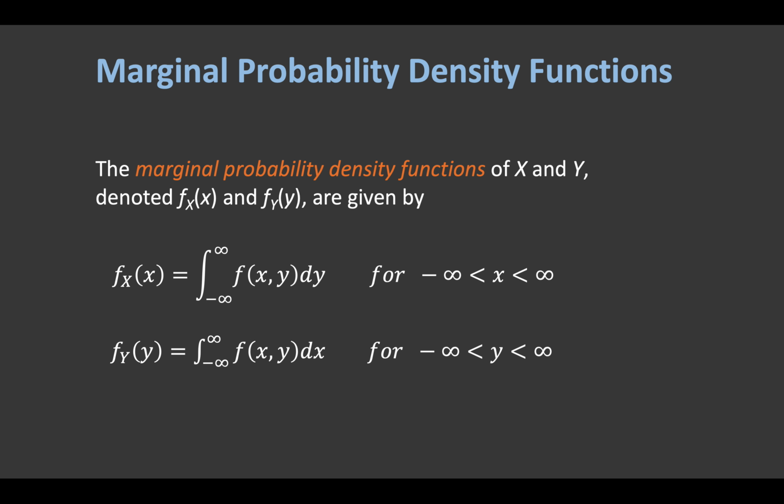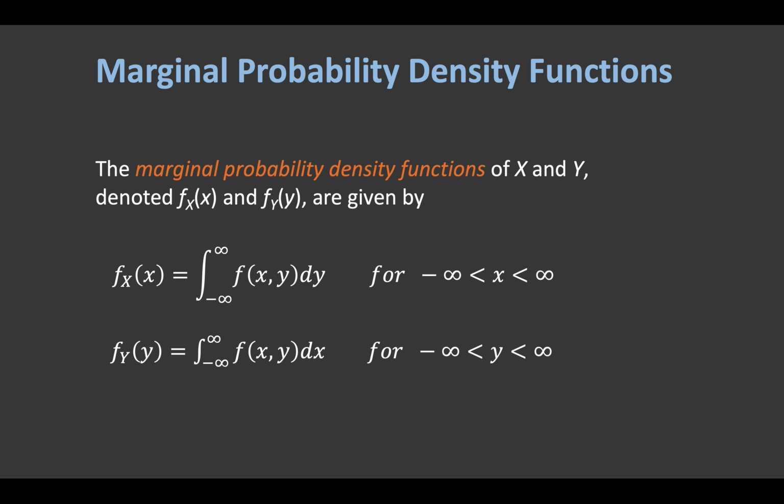Same thing for the continuous random variable, there are marginal probability density functions. It's basically the same concept we did with the marginal probability mass function. The marginal probability density function f(x) equals the integral from negative infinity to positive infinity of the density function f(x,y), but we only do the integral for y.